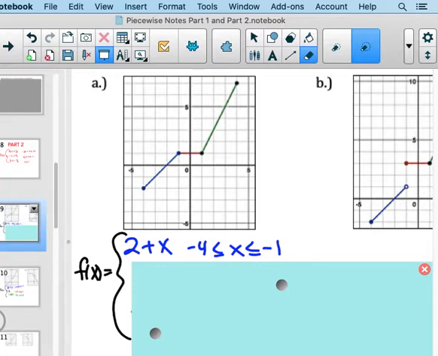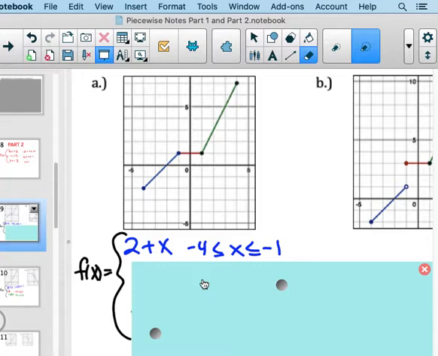So then we're going to jump down to the next equation, and that's a horizontal line. And those are always y equals, and again, y is my f of x. And so where am I the whole time? 1. What is my domain? It's going from where?